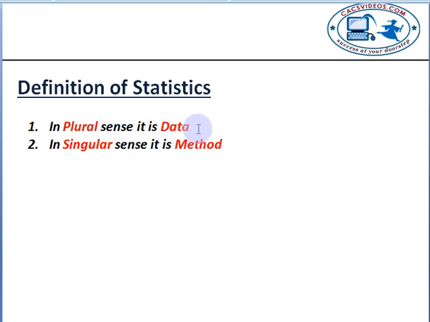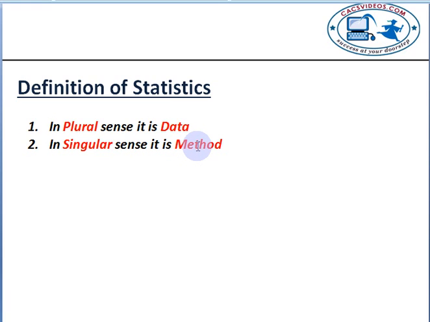For example, in your CA class example, how did you collect information? You visited more than one CA class and collected information. So that information is always more than one. So in plural, and plural means more than one, and data is also more than one. So in plural sense, it is data, and in singular sense, it is method. Method could be a data collection method, data analysis method, or presentation method.